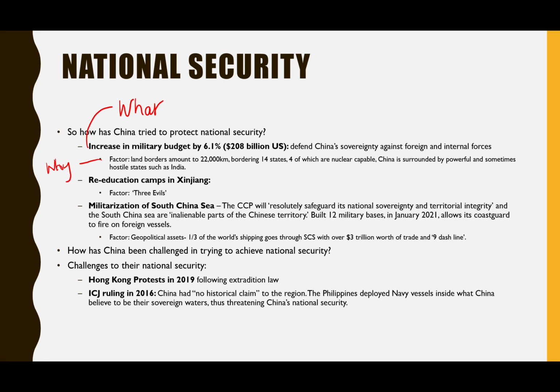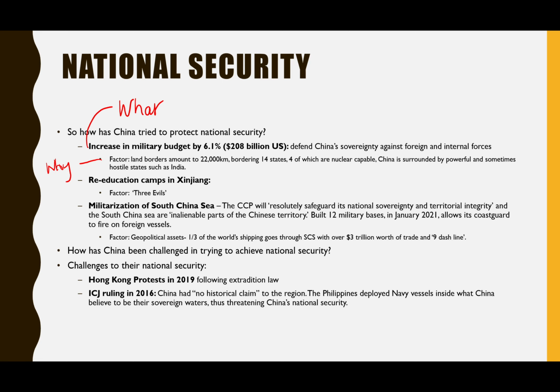Recently, the US and the Philippines conducted war games in that area, which would also be a threat to China's control. The US has also conducted freedom of navigation operations in that area. So it does assert the belief that the international community doesn't believe that China has control over this area.